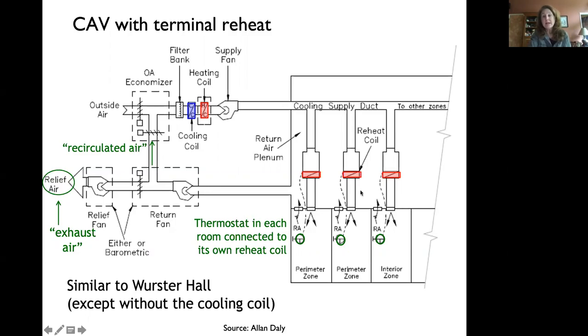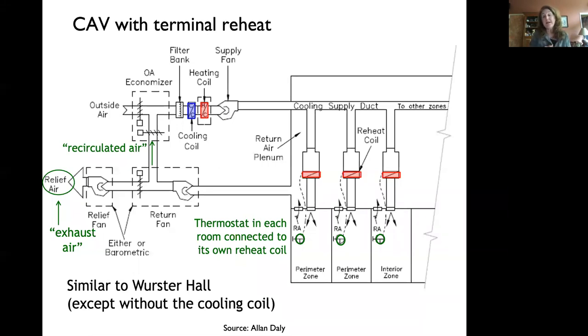And then you take the heating coil and you have a reheat coil in each room. And in that way, since each room can have its own thermostat, one room may say, oh, well, that's perfect. And the second room says, no, that's too cold. You turn up the thermostat and the reheat coil turns on, and then that air is heated up a little bit before it's delivered. So each of those rooms can have different conditions.